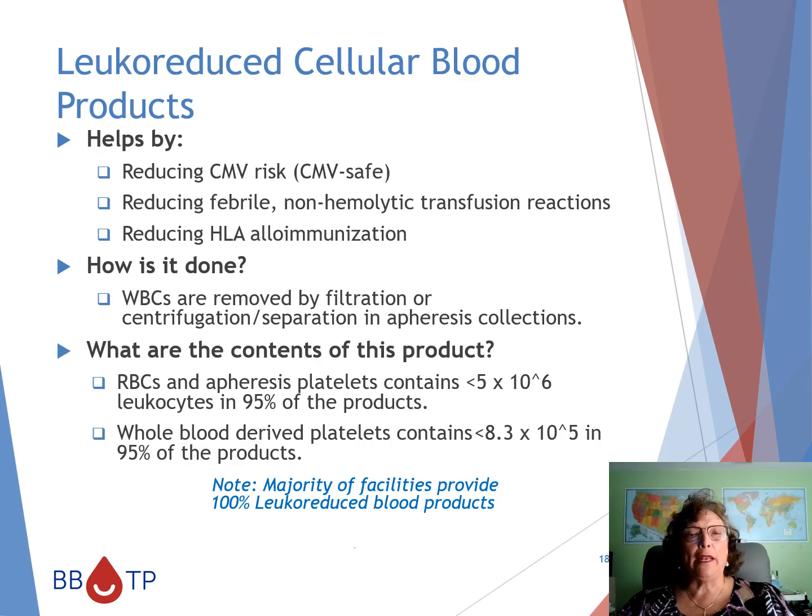The bottom line, the contents for our red cells and apheresis platelets need to contain less than 5 times 10 to the 6 leukocytes in 95% of the products, whereas whole blood derived platelets have to have less than 8.3 times 10 to the 5th in 90% of its blood products. Nowadays, almost all facilities are 100% leukoreduced.